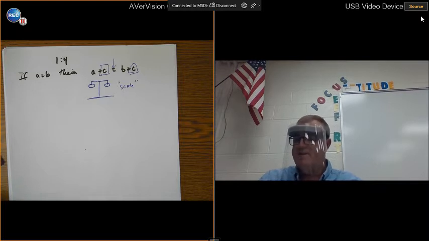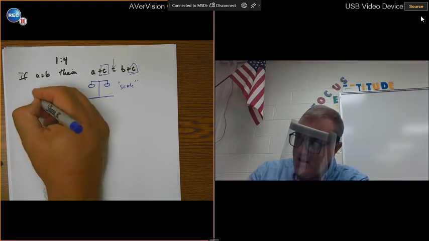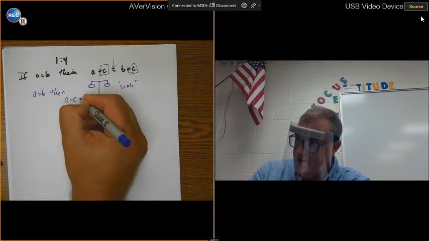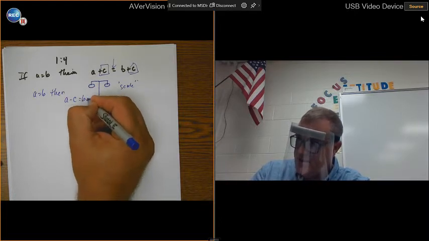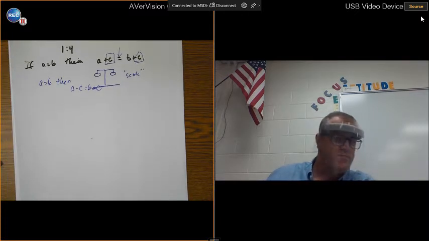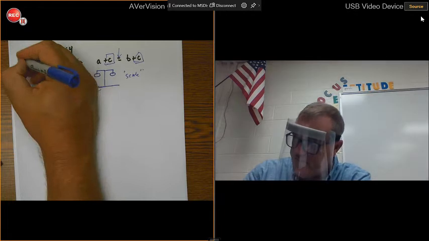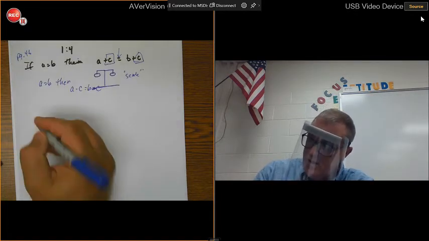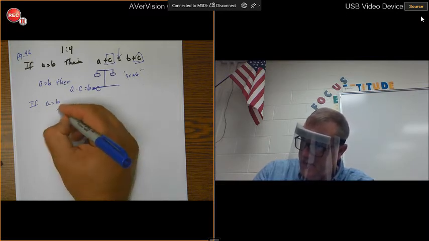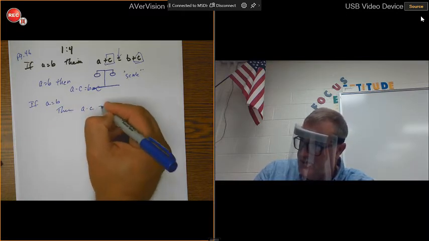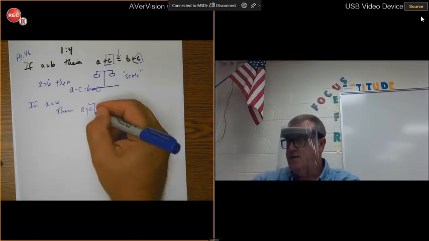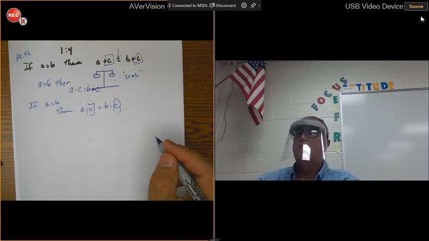The subtraction property means the exact same thing. If A equals B, then A minus C is equal to B minus C. The next one is the multiplication property. If A equals B, then A times C is equal to B times C. I can multiply by a constant at any time, which makes sense.